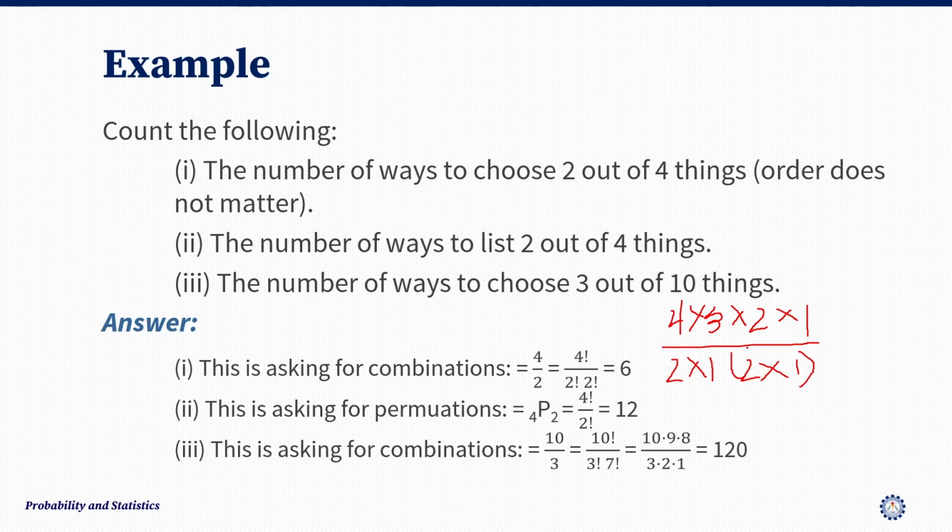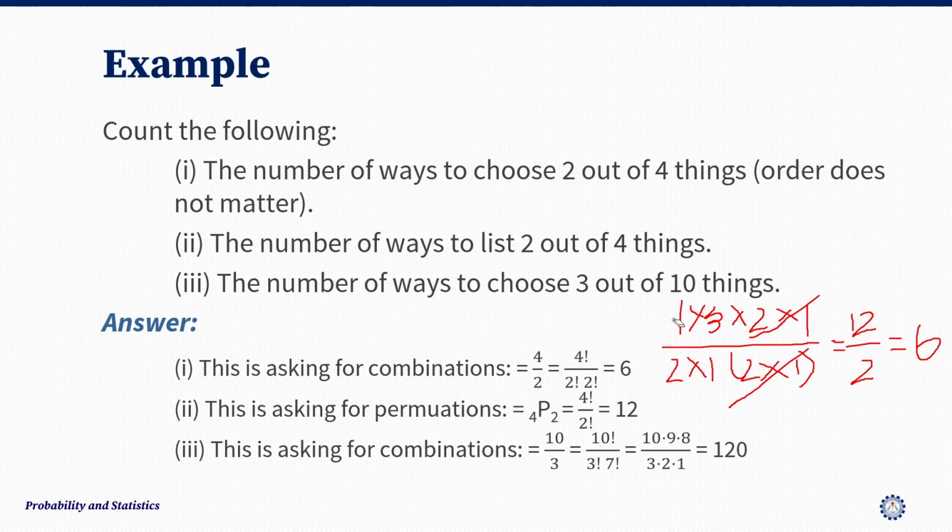To get the result, we simplify the equation. We cancel this one and this one. So it will result in 4 times 3 divided by 2 times 1. So what is 4 times 3? It's 12 over 2. So the answer is 6. That's how we manage to get the result 6. So we simplify the equation.